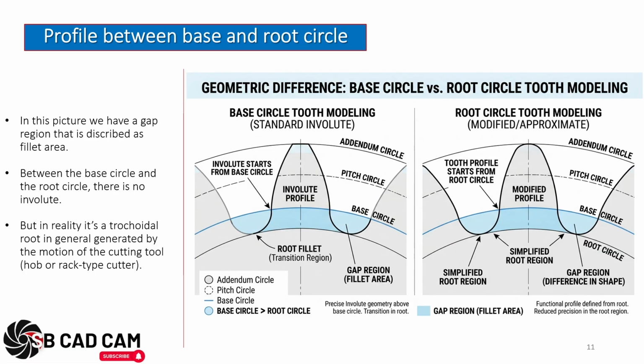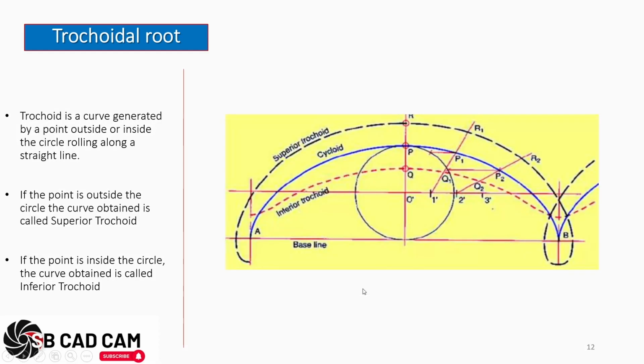This tooth will also take higher power, higher forces and higher constraints. So it is done with the shape that we call a trochoid, but it is not a fillet.